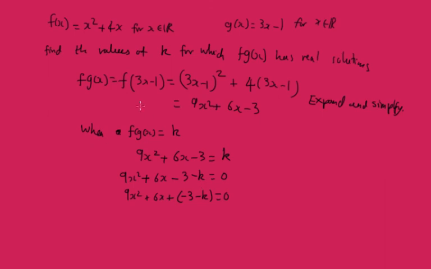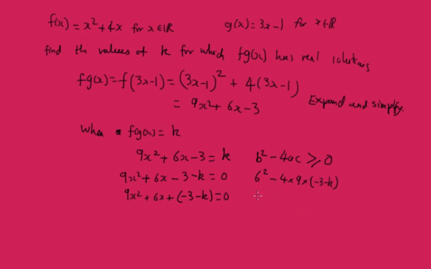Now we're going to think about if a quadratic has real solutions. We look at the quadratic equation, we'd have b squared minus 4ac must be greater than or equal to 0. So that's going to be 6 squared minus 4 times 9 times (minus 3 minus k).